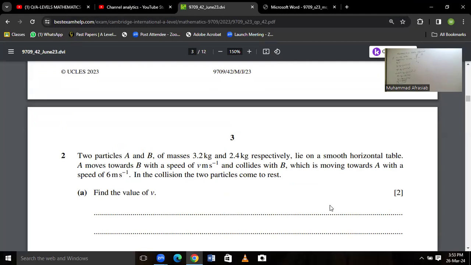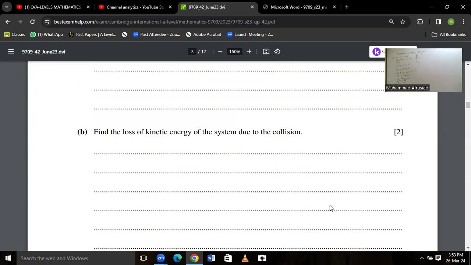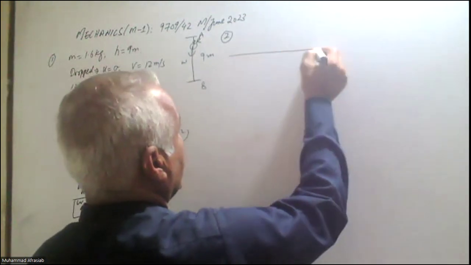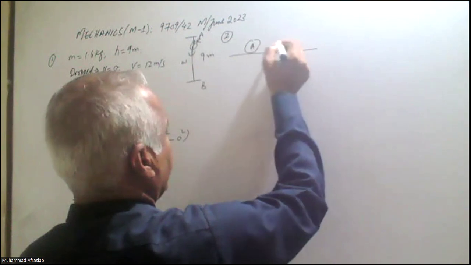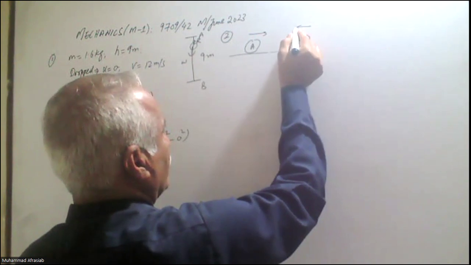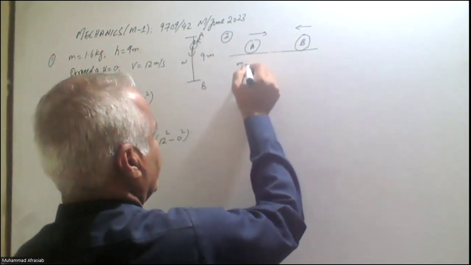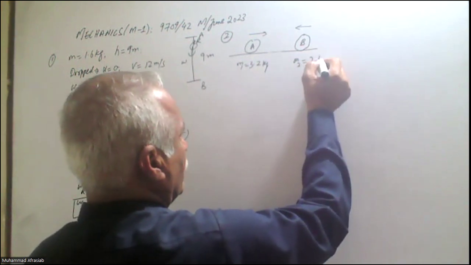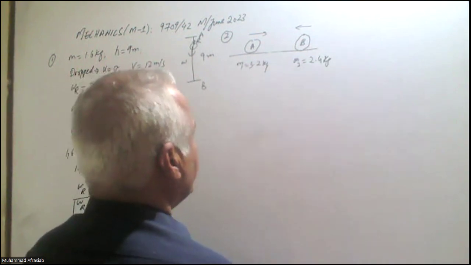And the second part, find the loss of kinetic energy of the system due to the collision. So there are two particles A and B lying on the smooth horizontal table. Let's say this is particle A, this is particle B. A is moving towards B and B is moving towards A, where A mass is 3.2 kg and B mass is 2.4 kg.